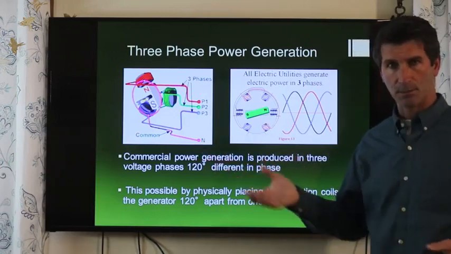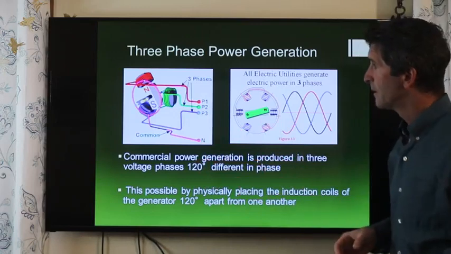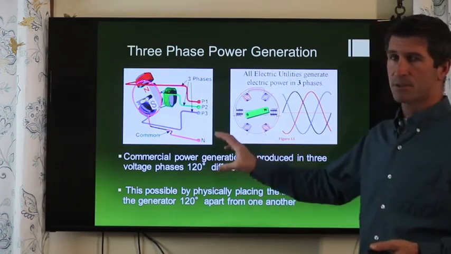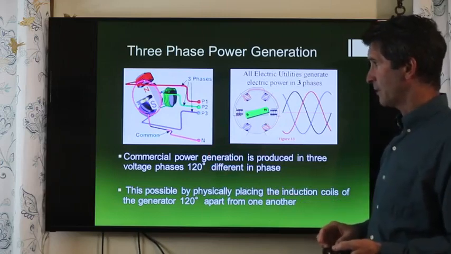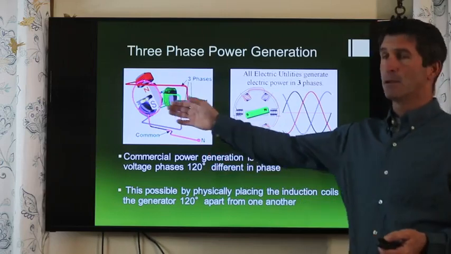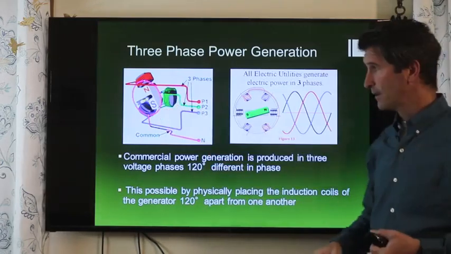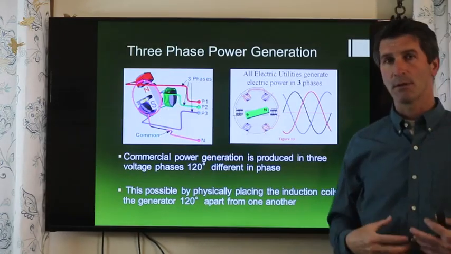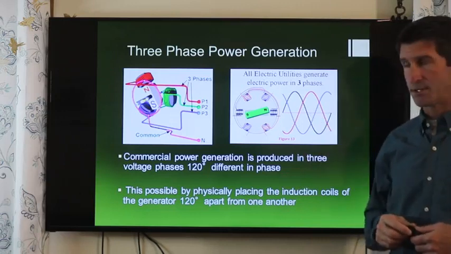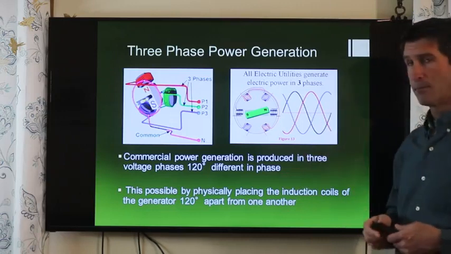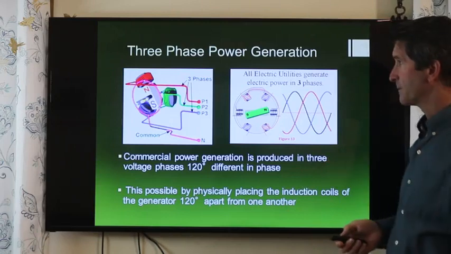As a household, you probably only get one phase, and they'll use these three phases for large industrial electric motors. But at the power plant, each generator itself is really almost three generators in one, each individual set of coils operating at a different phase.